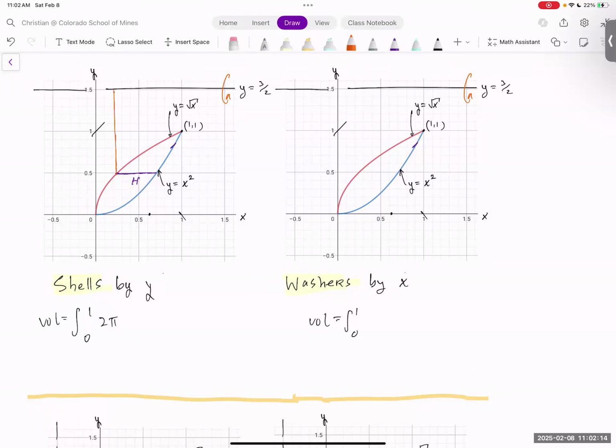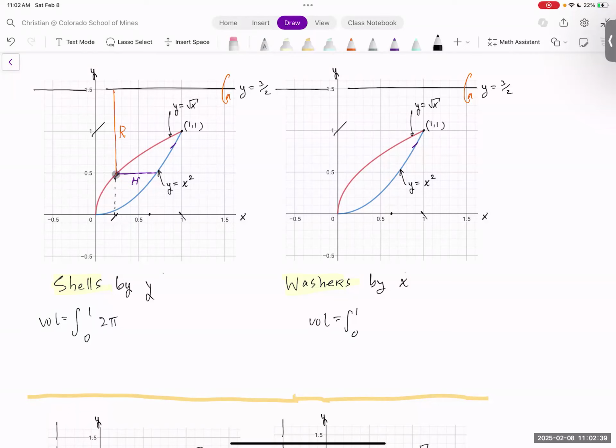So our radius is going to be, that's our radius, and that radius is going to be 3/2 minus whatever this distance is down there. And that distance is the vertical distance from the x-axis out to that curve.